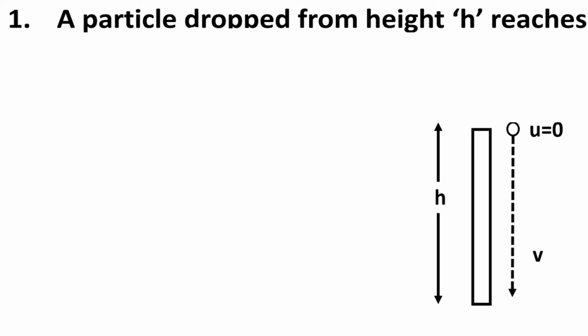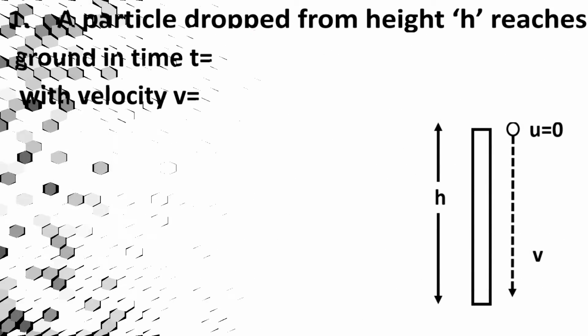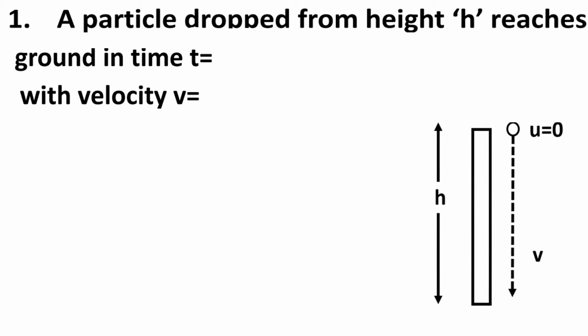Now come to this. A particle is dropped from a height h and reaches the ground in time t with velocity v. Now we will find how much time it will take to reach the ground and what the velocity will be.